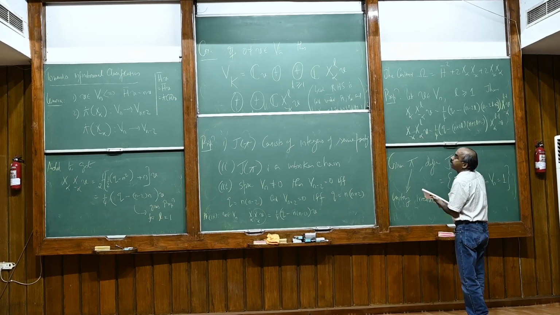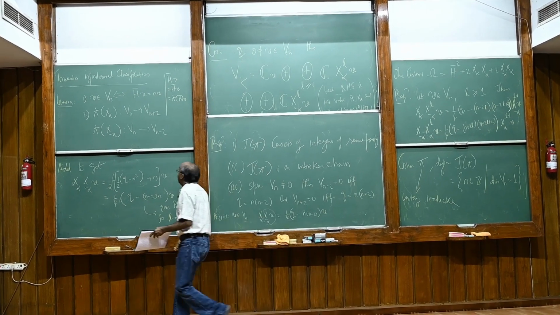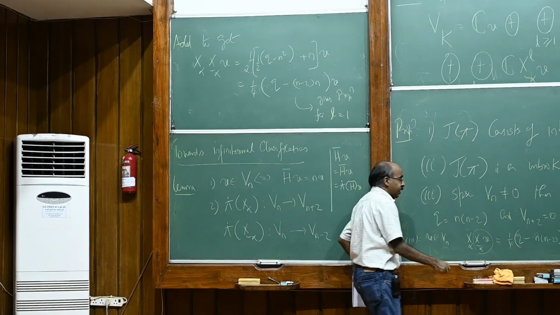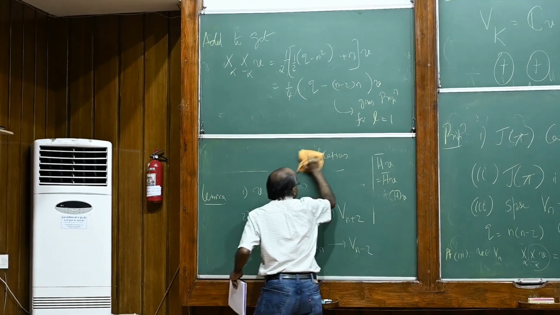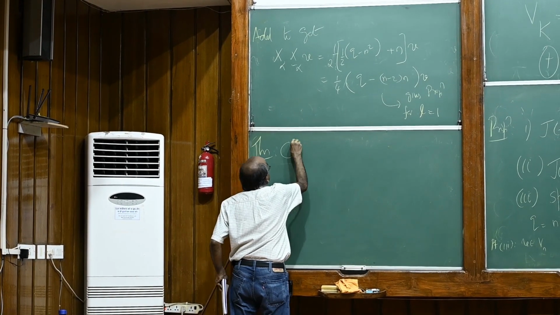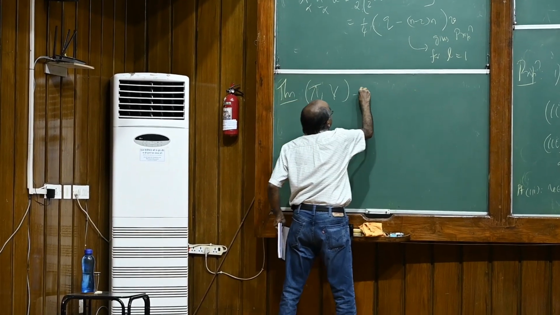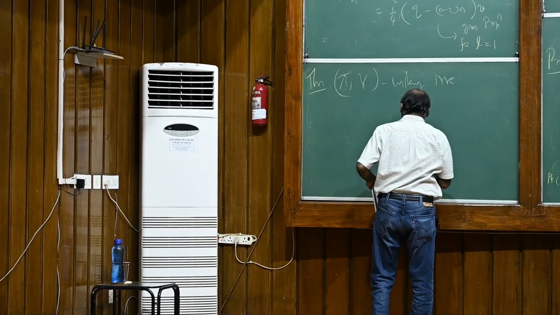Okay, so now I can probably write down what I want to say, which is the classification in some sense. This is the classification. So let's say phi v is unitary, irreducible.